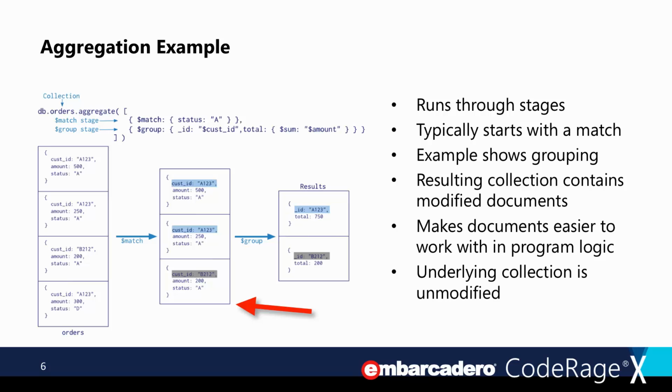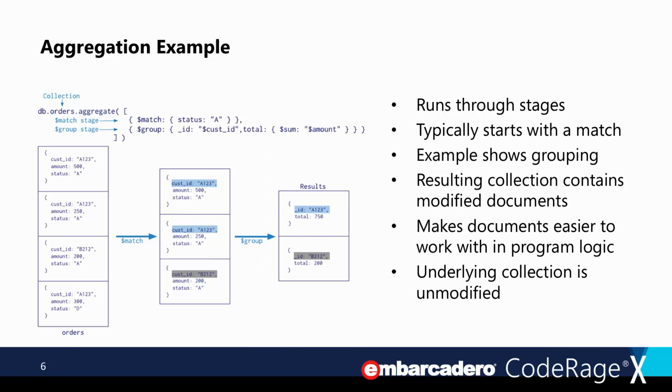We have A, 1, 2, 3. We have 2 of those. The last column is the results. It's combined the sum of those first 2, so we have the customer ID and the total value. We've added together 255 and 500 to produce that result. And since there's only one B212, we just bring that one over.